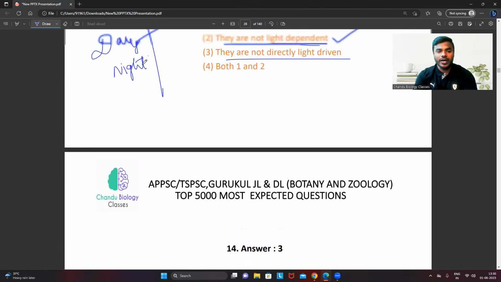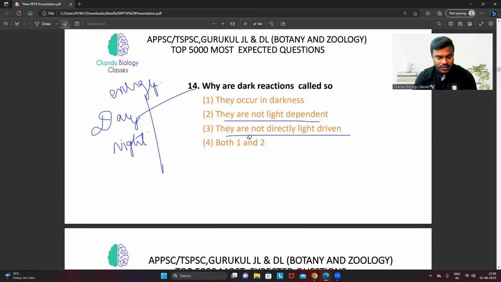See, friends, don't get confused between option 2 and option 3. They are not light dependent. That is a true point. At the same time, they can also give the statement that they are light independent. Of course, that statement is also a true statement. But they are not light dependent does not mean that they occur only in the dark.